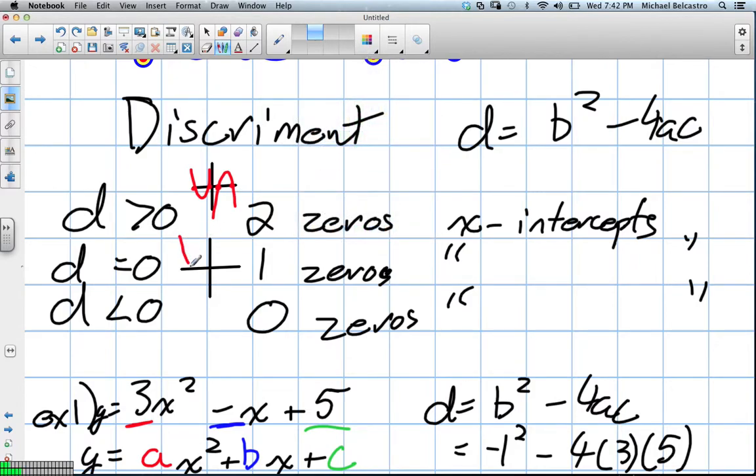So it's just touching, the vertex is on the x-axis. And finally, for no zeros, we have it above like this, or it could be below with the vertex below the x-axis. So these are what the parabolas essentially look like when we're talking about zeros.